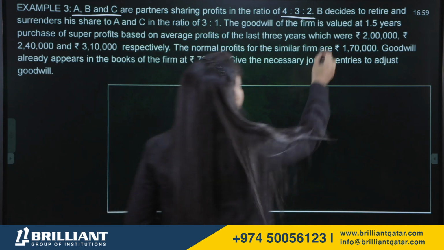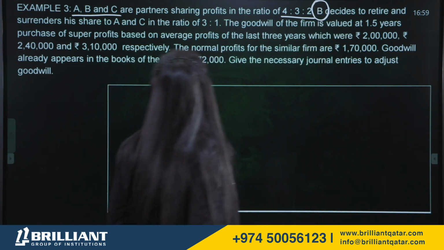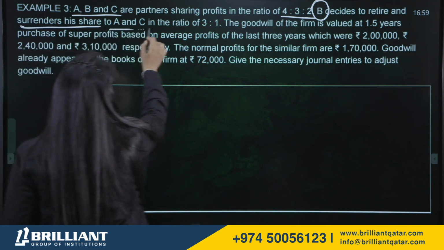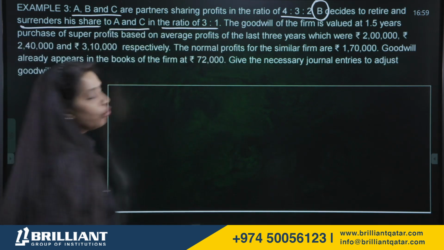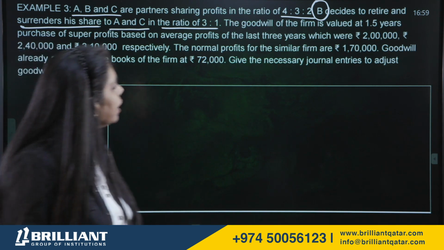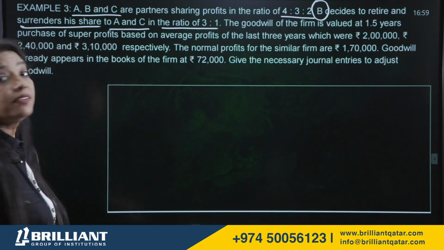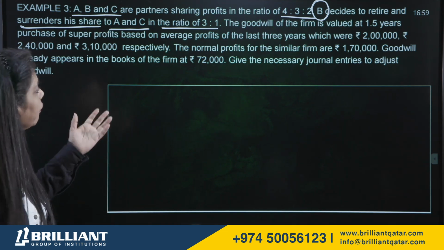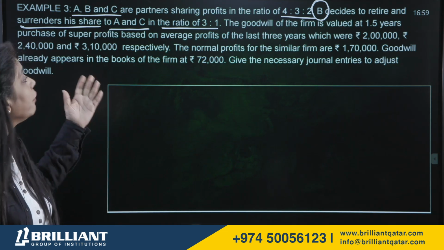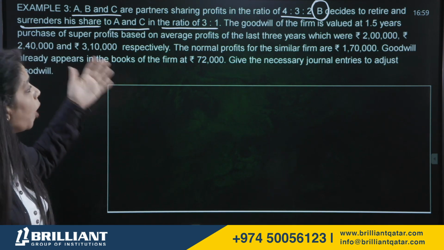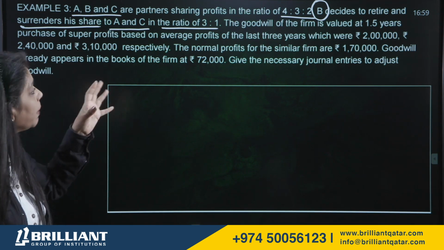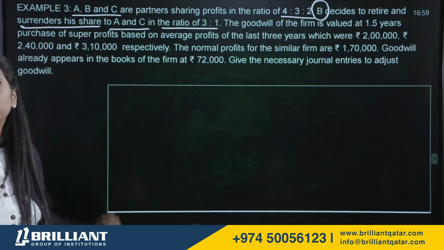B decides to retire, and he surrenders his share to A and C in the ratio of 3:1. That means he is giving his share to A and C. What is B's share? B's share is 3 by 9. That 3 by 9 he is giving in the ratio of 3:1.